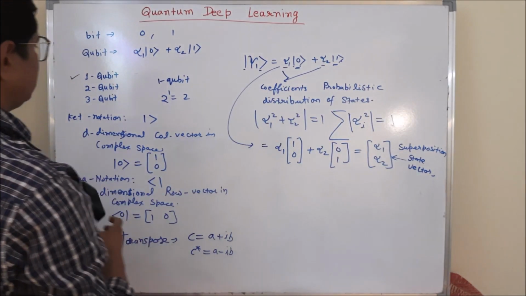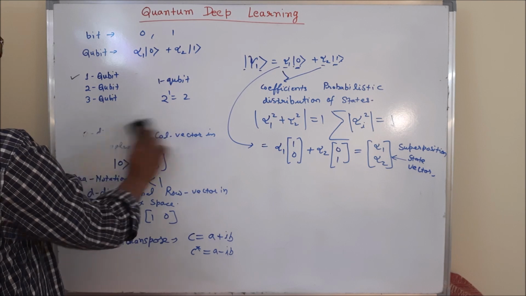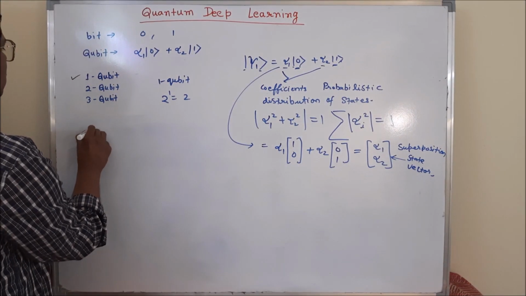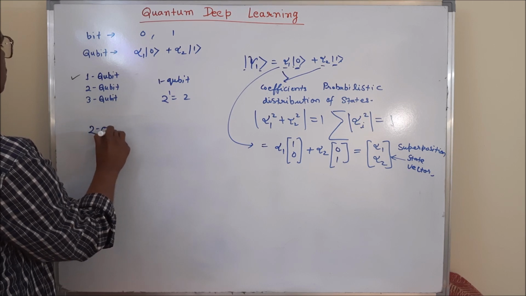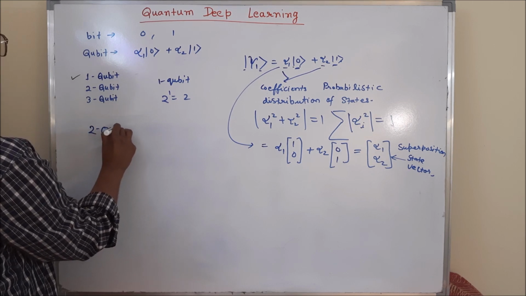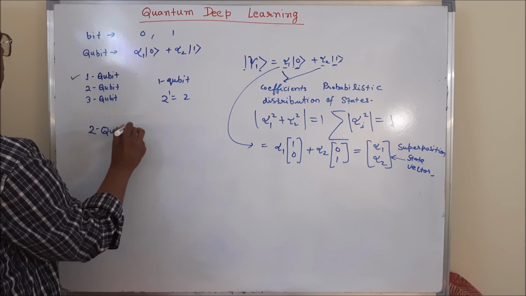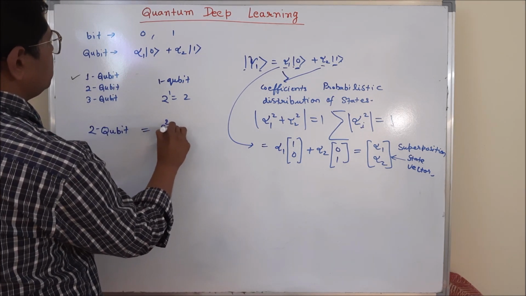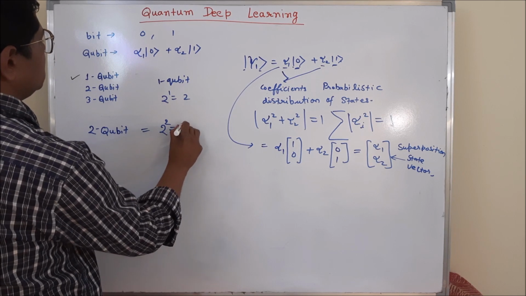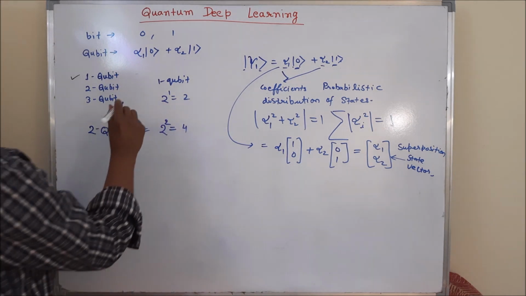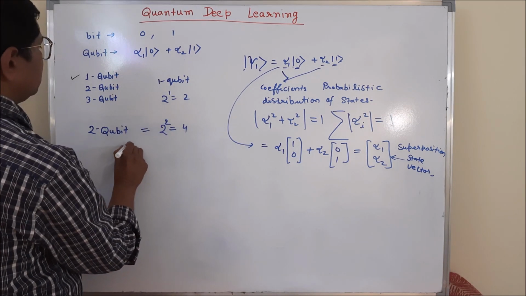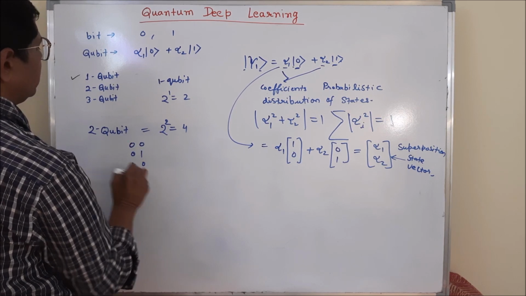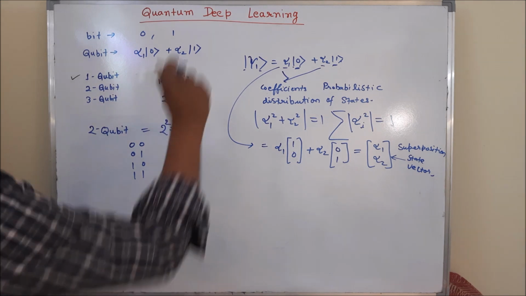But here we will just go through the Qubit notation only, for simplicity. Suppose we want 2 qubits, then we will have a total of 2 to the power 2 states, meaning 4 states. We can represent them like 00, 01, 10, 11. Okay.